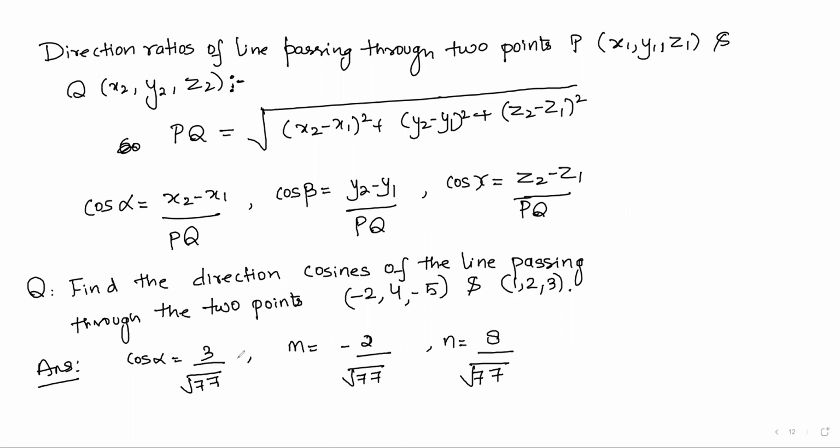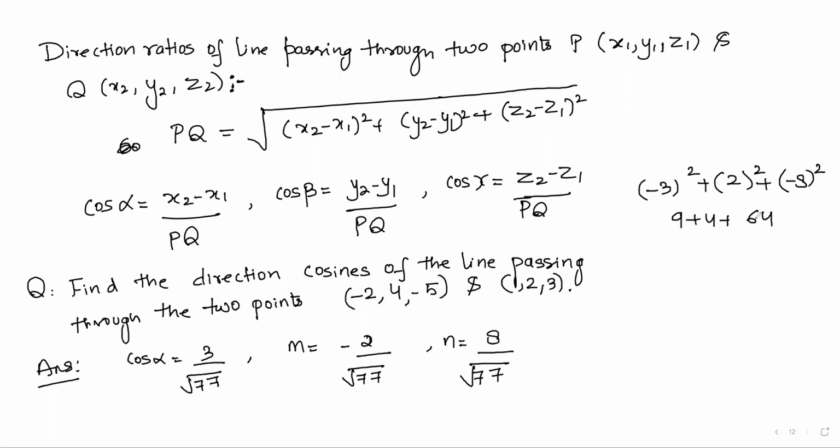Root 77. Why? Put in this distance formula. So minus 2, this is 1. So minus 2 minus 1 is minus 3 square, plus 4 minus 2, 2 square, plus minus 5 minus 3 is minus 8 square. So what will you get? 9 plus 4 plus 64.